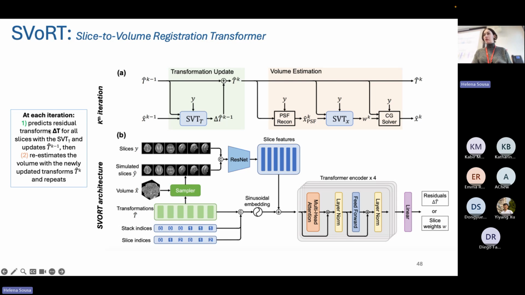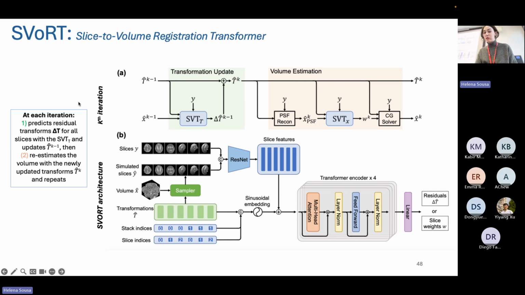And this is done by using a transformer, which they call SVTT. So this one you can see here. And then this updates our transformation from the previous iteration and re-estimates the volume with the newly updated transforms, and basically repeats this process for our k iterations.